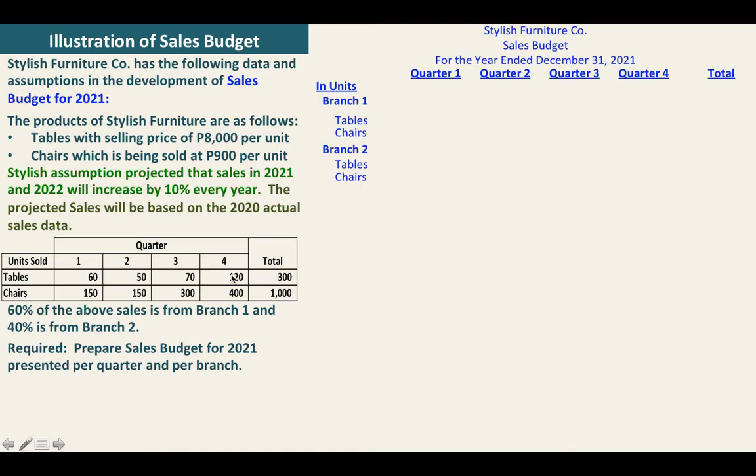So all of this data, we will increase by 10% and then segregate according to branch. Okay?